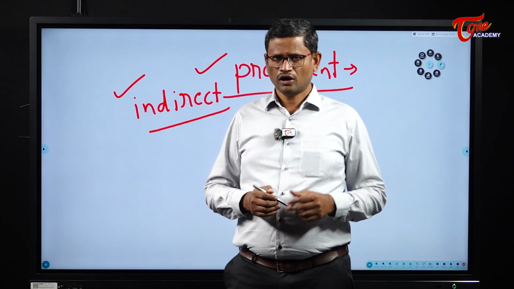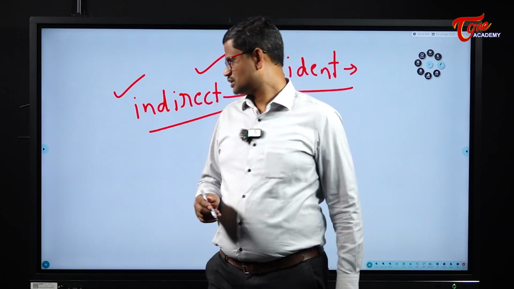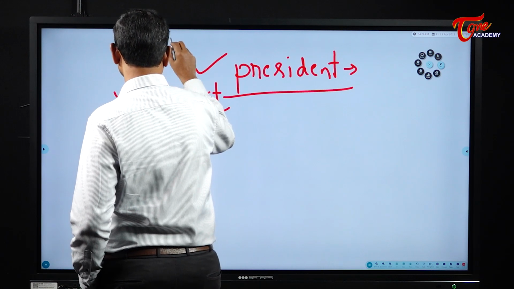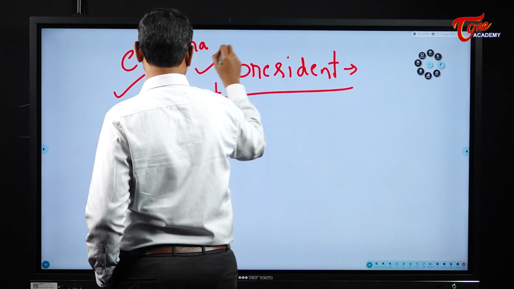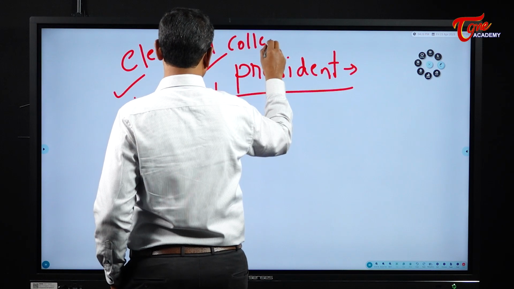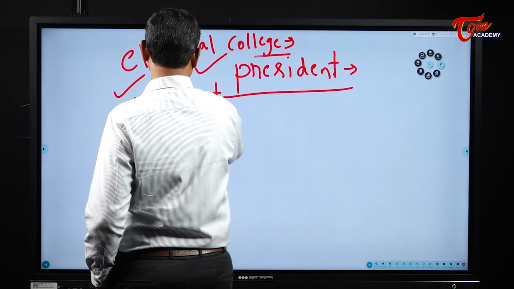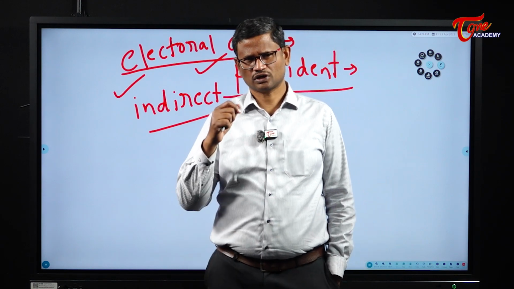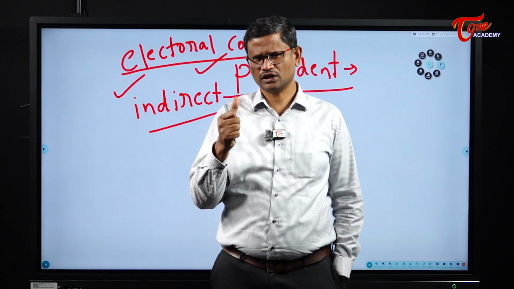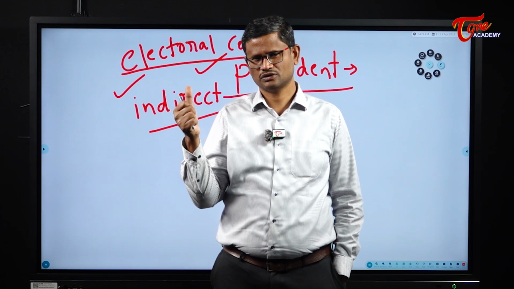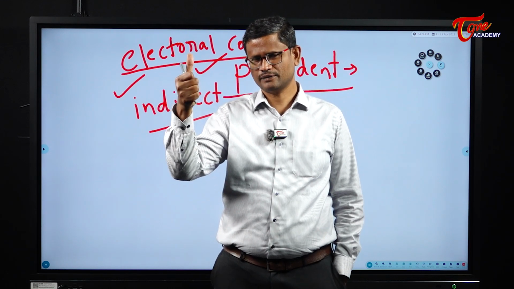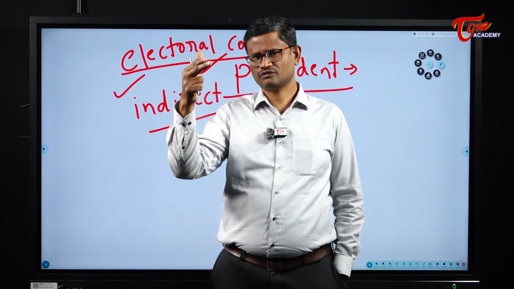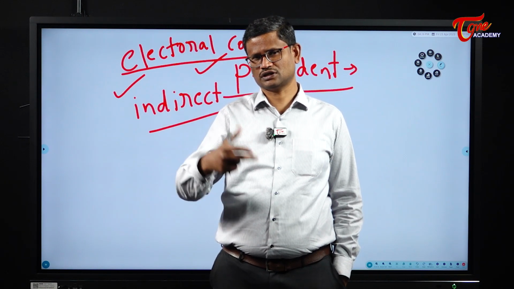Then, what about the election of the president? The president is elected by a body called the electoral college. Then what is the composition of the electoral college? The electoral college will contain the following members: the elected members of Lok Sabha, the elected members of Rajya Sabha, and the elected members of the legislative assemblies in this country.